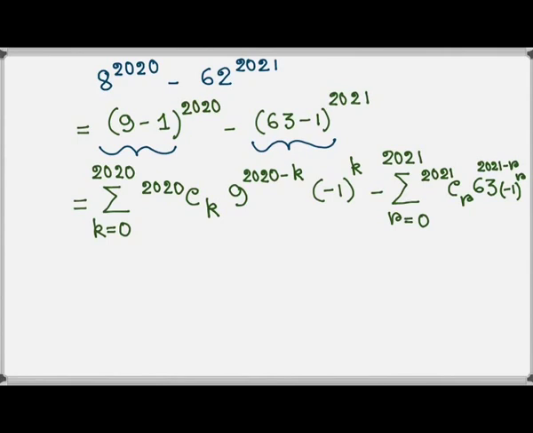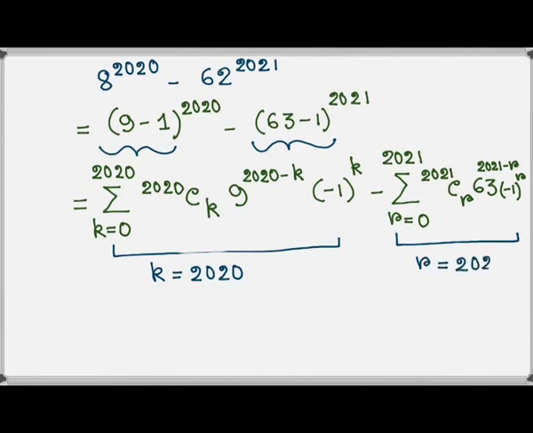As we can clearly see, in the first sum, each term of the sum is divisible by 9 except the term corresponding to k equal to 2020, and in the second sum each term is divisible by 9 except the term corresponding to r equal to 2021.